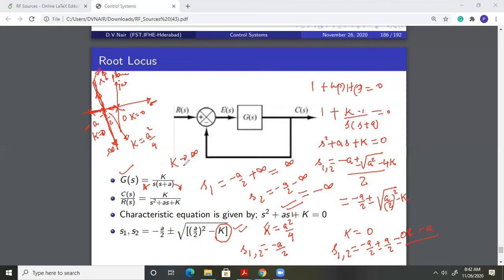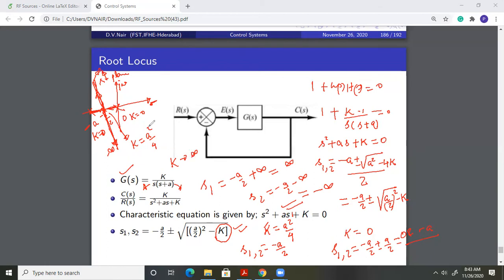But when we have higher order systems, factorizing is not easy, and obtaining the root locus will be more cumbersome and difficult. For that, we have a technique given by Evans, which is called the root locus technique. Let us see that, friends.